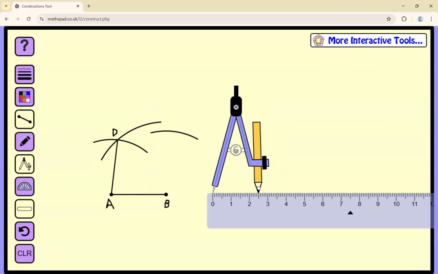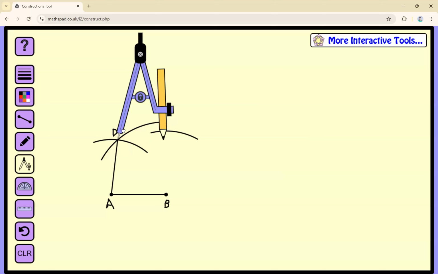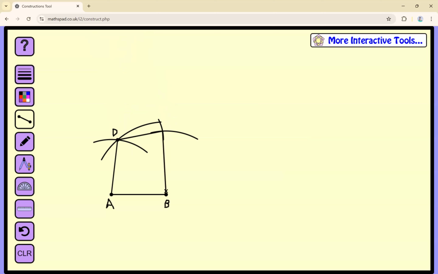Put a D, just a small arc here. So we are done. We have all the working that we need. D will be here, C will be here, and from here to here. So this will be point C. This is how you draw.